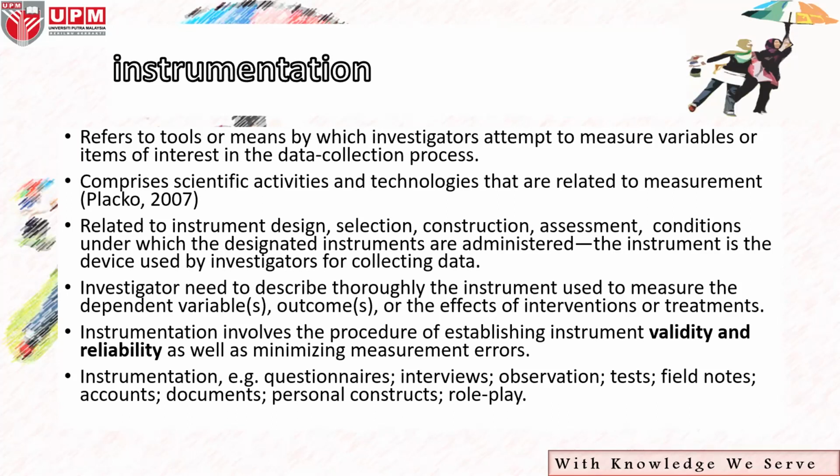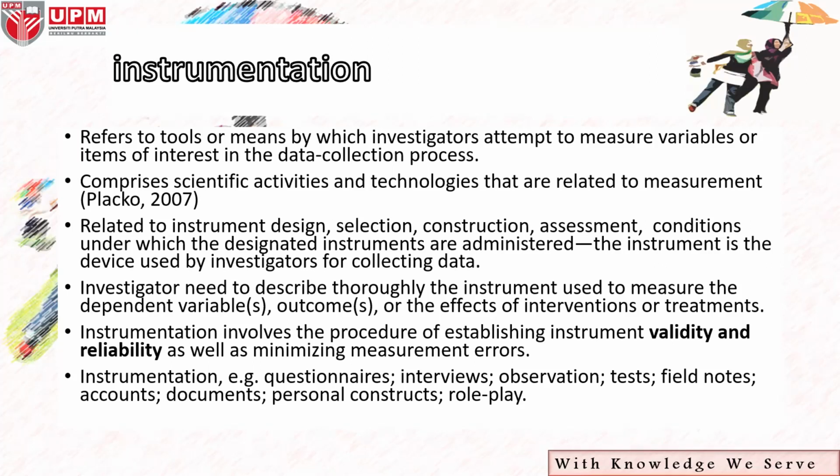Faham? For instrumentation ni, if you have, for example, 3 independent variables and 1 dependent variable in your study, make sure for each variable, you have 1 instrument. For each variable, you should have 1 standalone instrument. Faham?